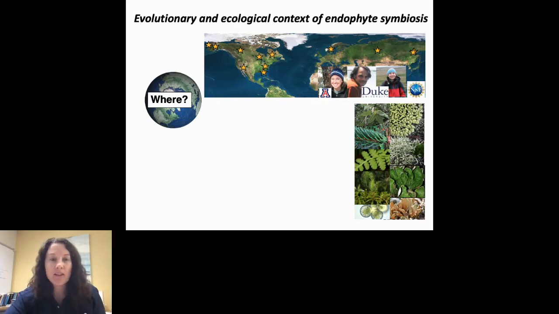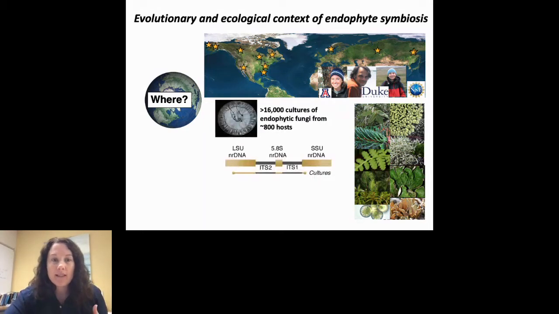For those of you who might not remember what a lichen is, lichens are fungi that associate with green algae and with cyanobacteria. For each one of these plant or lichen hosts, we surface sterilized the tissue. In total, across all of these sampling sites, those efforts have yielded over 16,000 cultures of endophytic fungi across almost 800 different host individuals. Each one of these cultures has been sequenced for the ITS and partial large subunit ribosomal DNA.